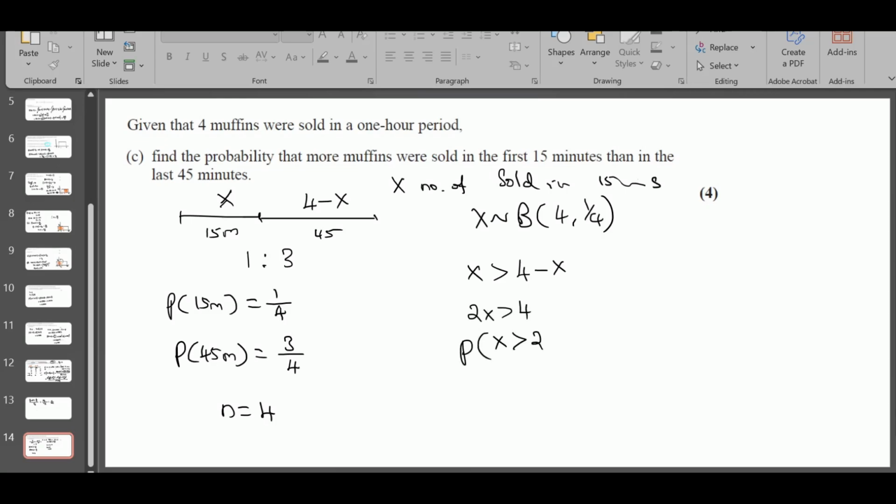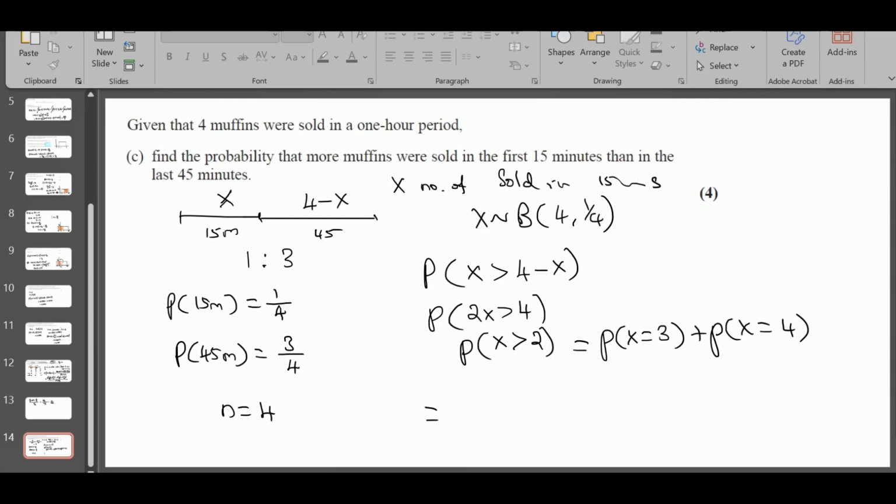They want us to calculate P of X greater than 2, right? X is the number of muffins sold in the first 15 minutes. Greater than 2 means X equal to 3 plus X equal to 4. We need to find these two probabilities now.